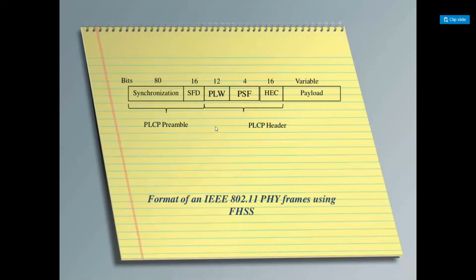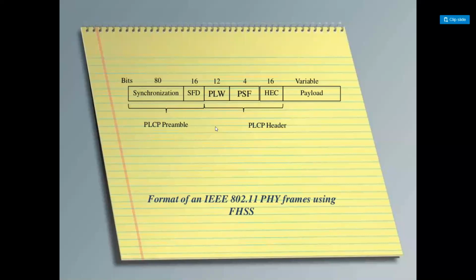Coming to this, it is a very important one. These are the IEEE 802.11 physical frames using FHSS. That means this is the physical frame of IEEE 802.11. See here, we are having a frame structure.